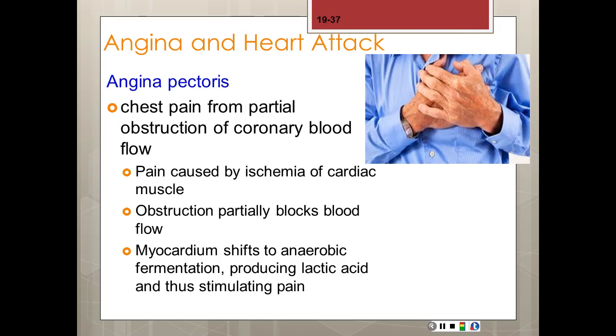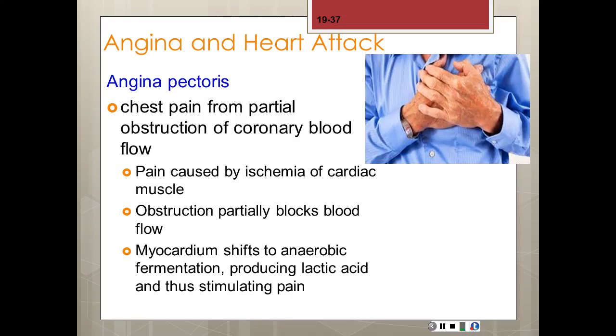We have a few conditions that can occur. We have angina pectoris. This is basically chest pain from a partial obstruction of coronary blood flow. Now, pain can be ischemic of the cardiac muscle, or it can be due to obstruction partially blocking blood flow.